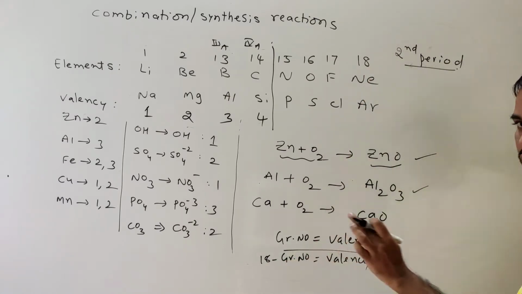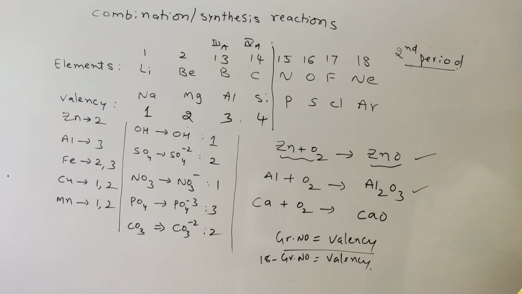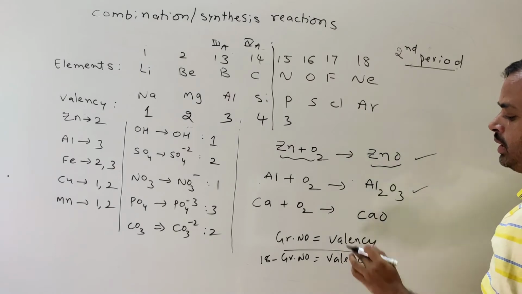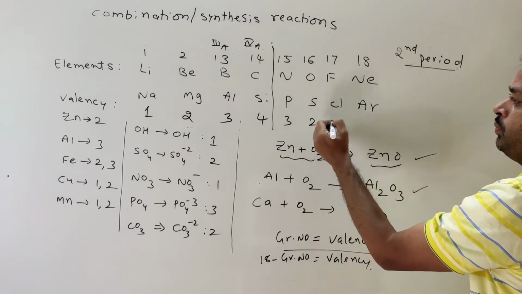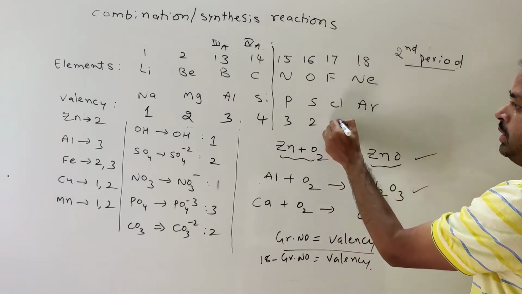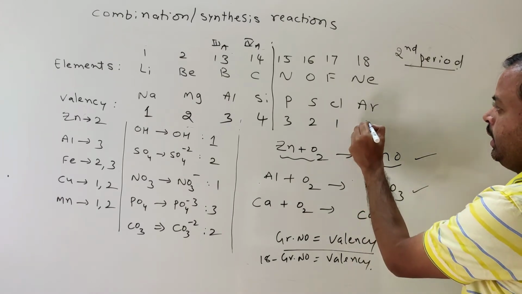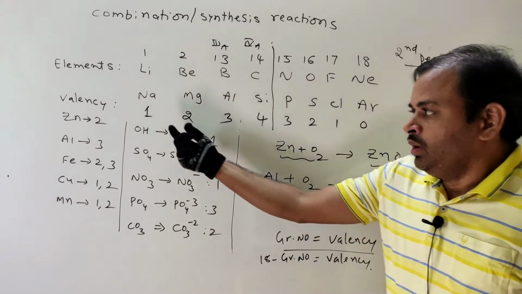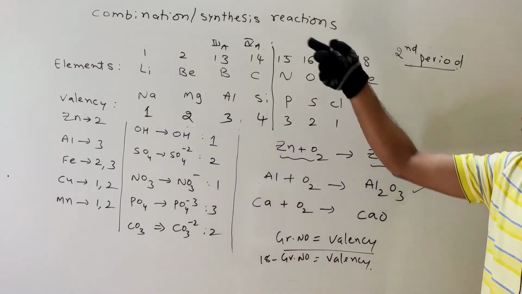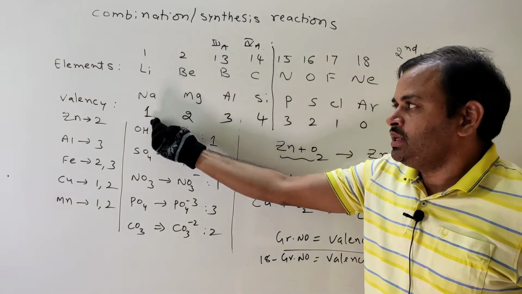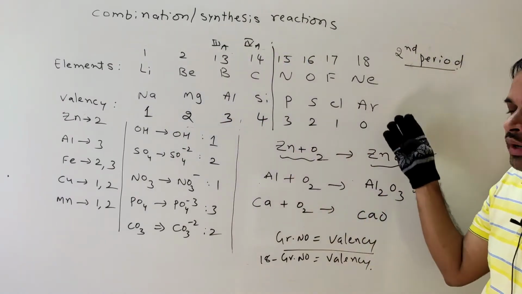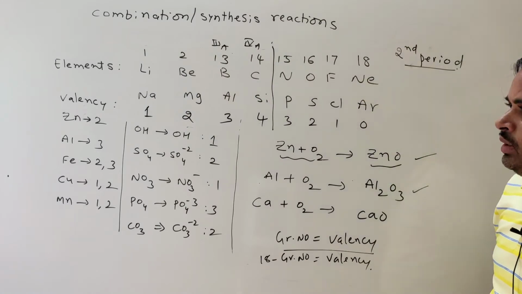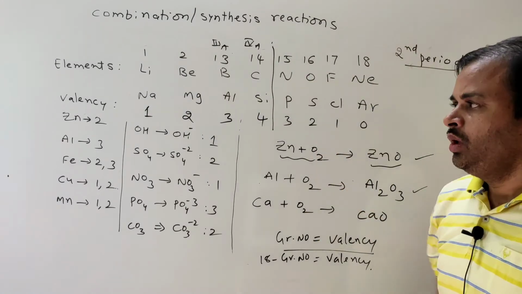So 18 minus 15 means 3. 18 minus 16 means 2. 18 minus 17 means valency is 1. 18 minus 18, valency equals 0. With this you can remember the valency of elements in the periodic table for groups 1 to 18, the s and p block elements.